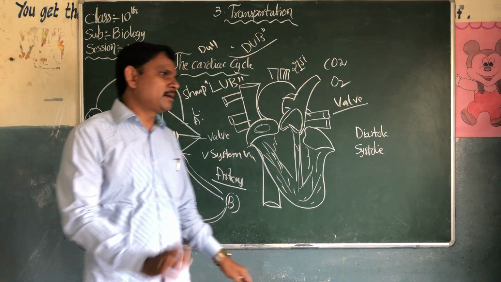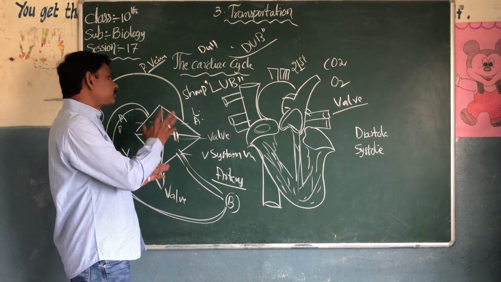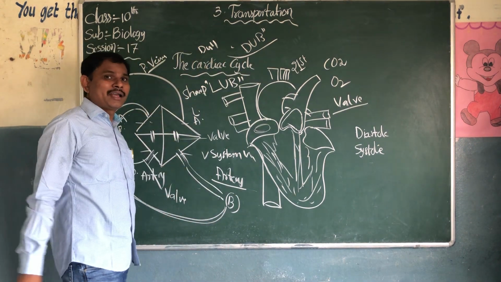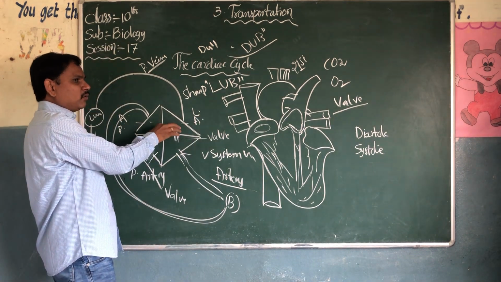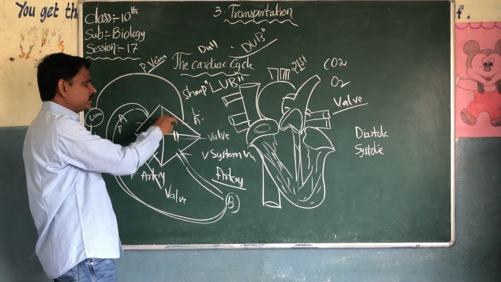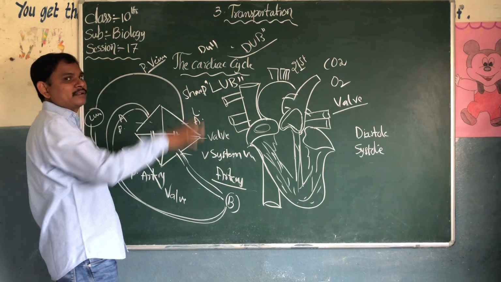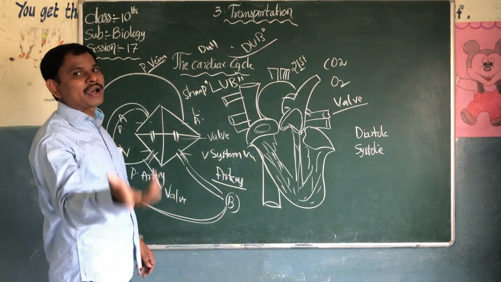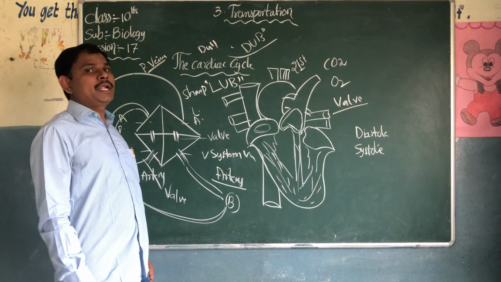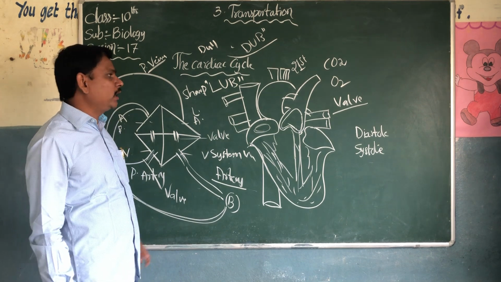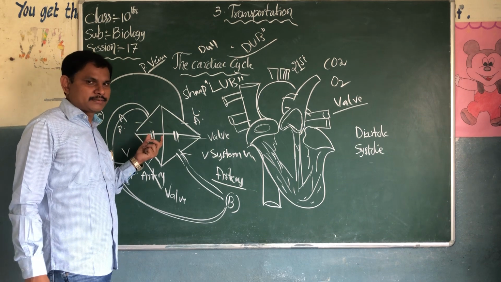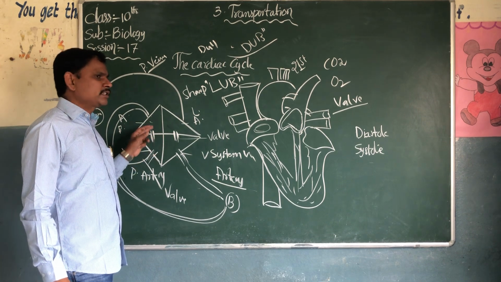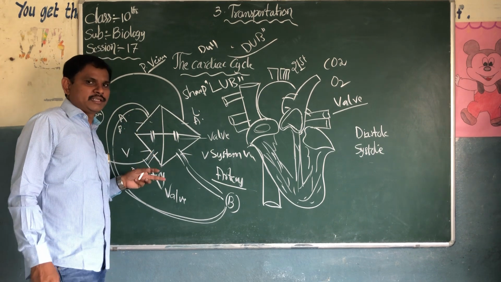So this is about the cardiac cycle. One contraction and one relaxation of the atria and ventricles is called one cardiac cycle. To complete one cardiac cycle, we need one contraction of the atria and one contraction of the ventricles.